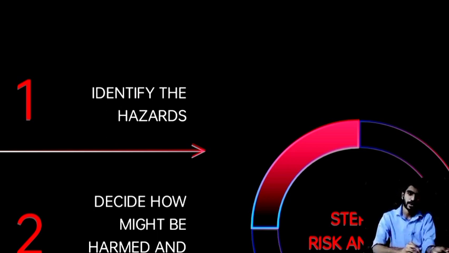In a factory, there may be many types of workers, including young workers, migrant workers, new or expectant mothers, and people with disabilities. They may be affected by such chemicals or other harmful substances. So, the first step in risk analysis is identifying the hazards.